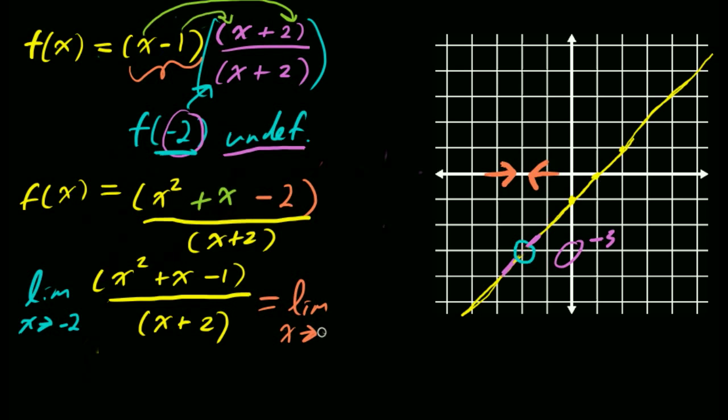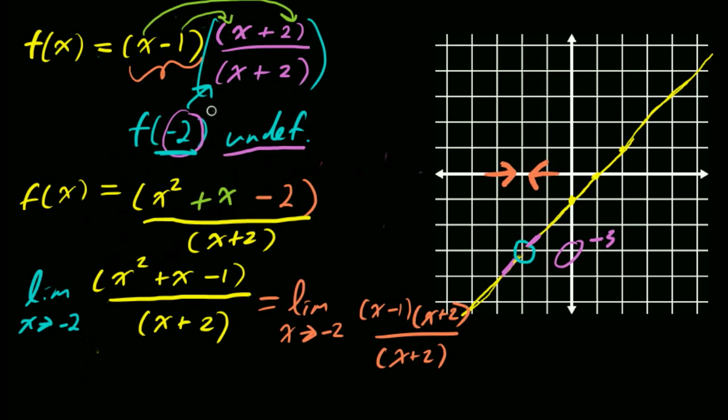The limit as x approaches minus 2 of (x minus 1)(x plus 2) divided by (x plus 2). And so now you might be asking, well, can we cancel off this x plus 2 term in the denominator and the x plus 2 term in the numerator?